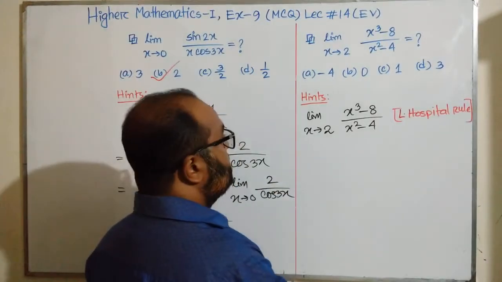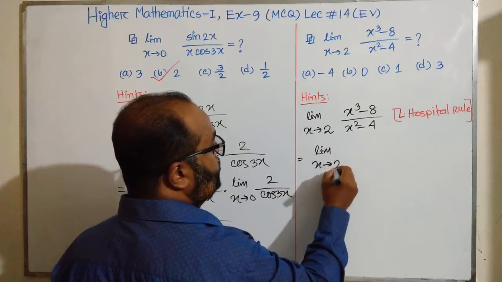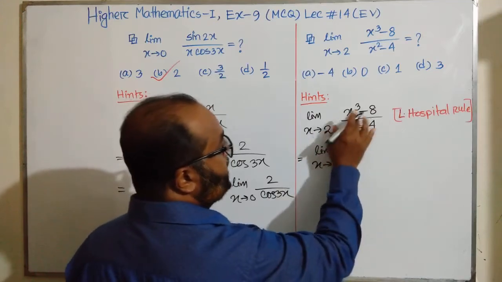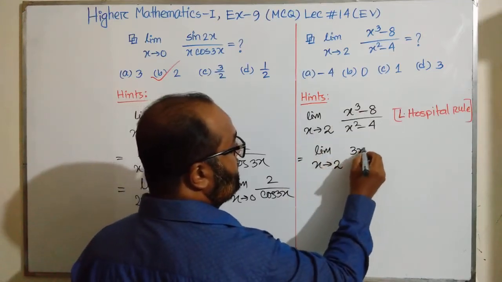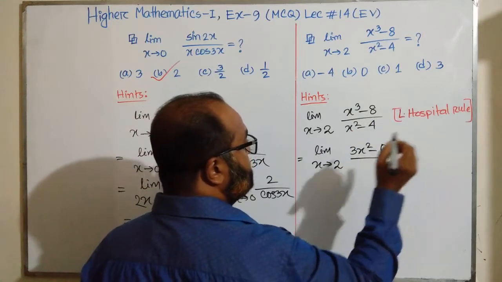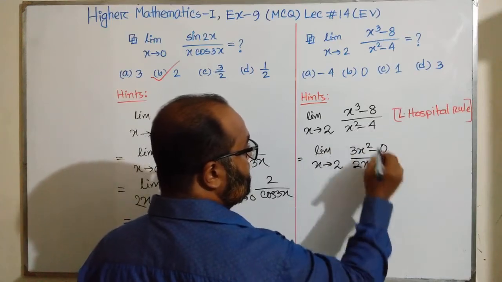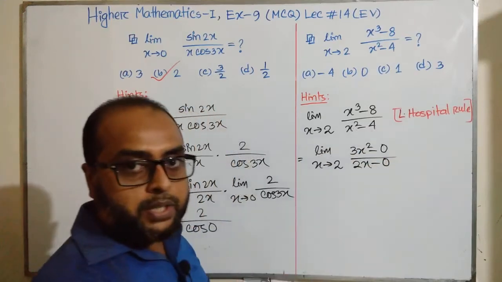That means this equal limit x tends to 2 ddx of x cube, this is 3x square, and ddx of constant, this is 0. Here ddx of x square, this is twice x, and ddx of 4, this is 0.